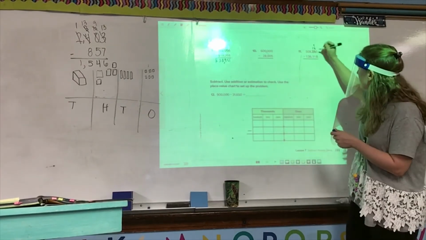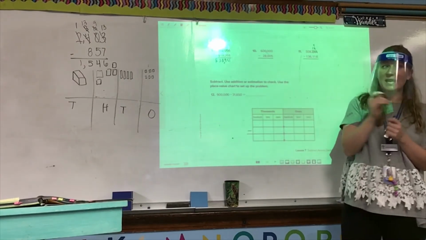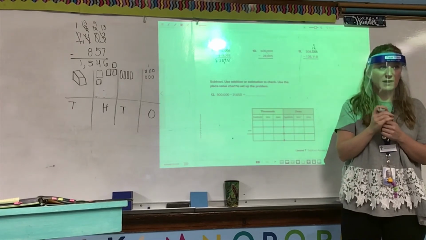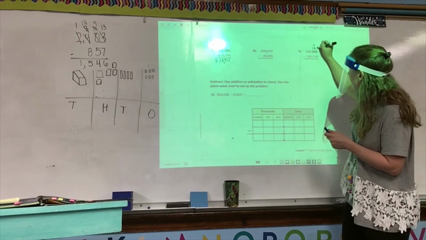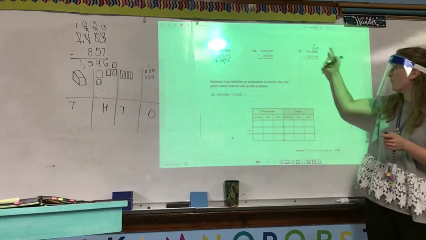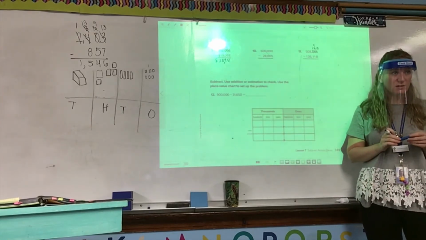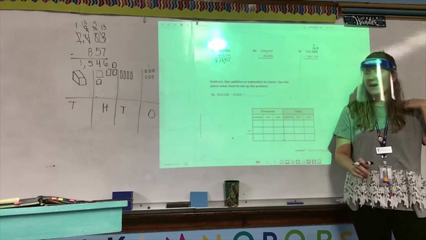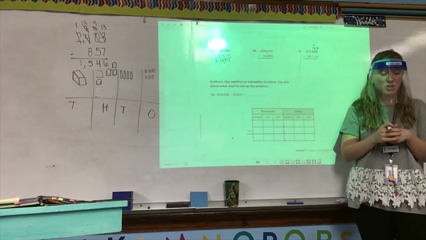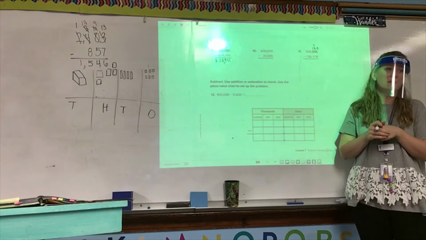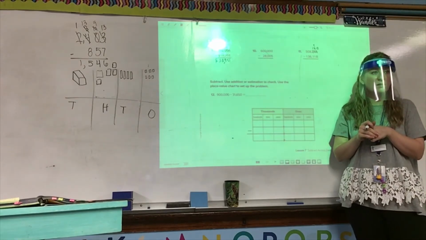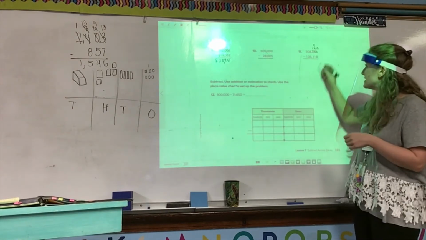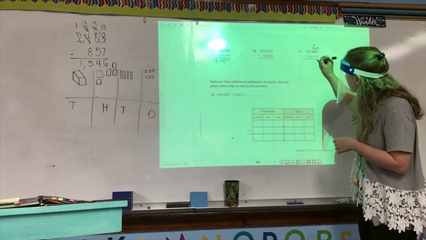Always. So if I have 0 ones cubes and I add 10 more, how many ones cubes do I have? 10. Now, can I erase 8 ones cubes? Yes. If I take 10 ones cubes and I erase 8, how many do I have left? 2, because 10 minus 8 is 2.